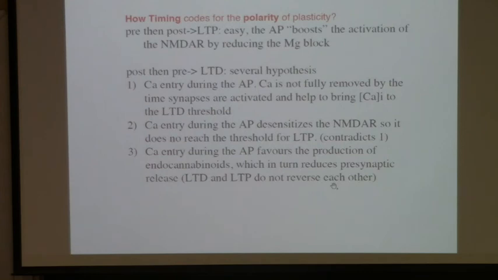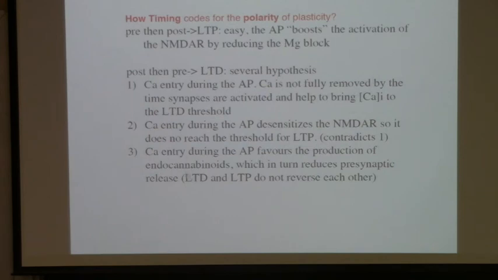The more common one is that when the action potential arrives, you open a little bit of calcium, and then the NMDA receptor is activated, so that little calcium piles on top of the other one, giving a little bit more than normal, and that's enough for LTD. That's the most popular one.